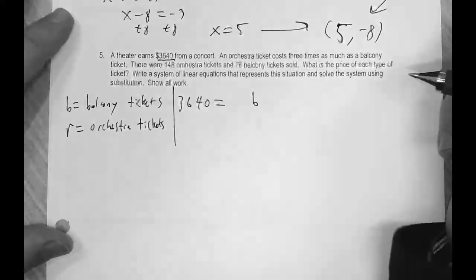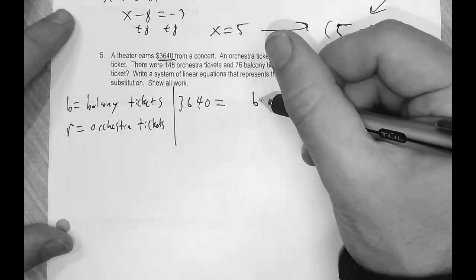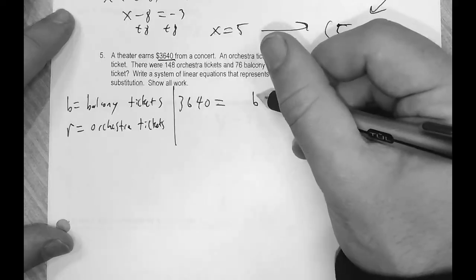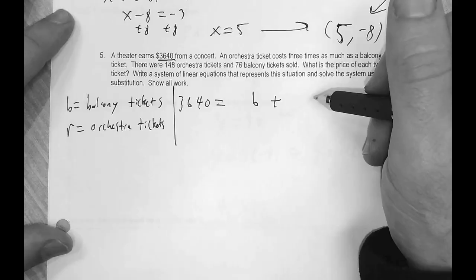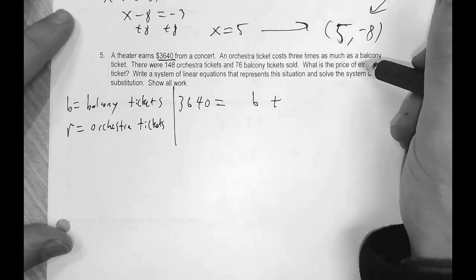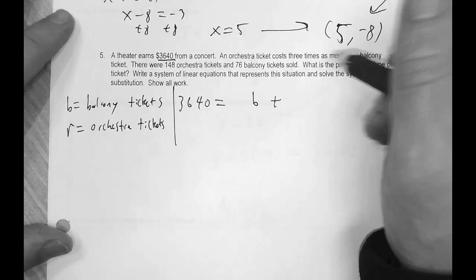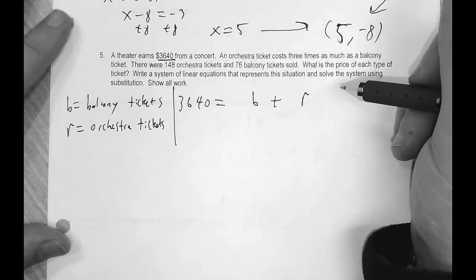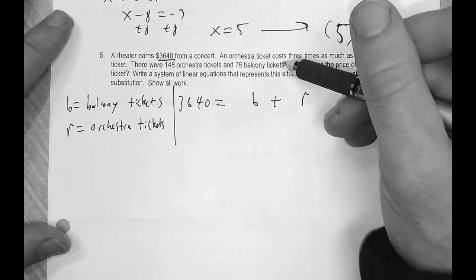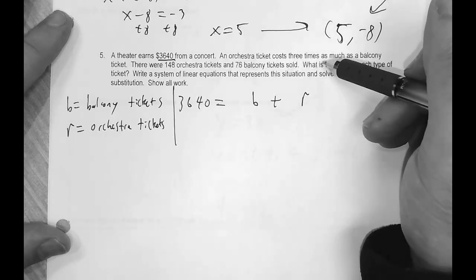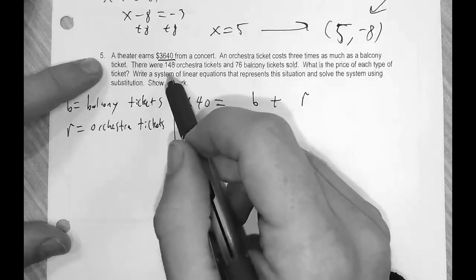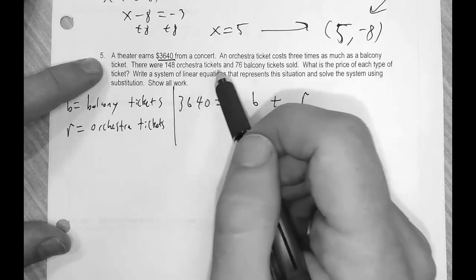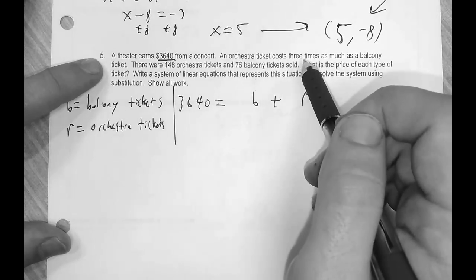Okay, so we're going to have $36.40 equals the price of a balcony ticket plus the price of an orchestra ticket. But we know that the orchestra ticket costs 3 times as much as a balcony ticket. Okay. We also know that there were 148 orchestra tickets sold and 76 balcony tickets sold.